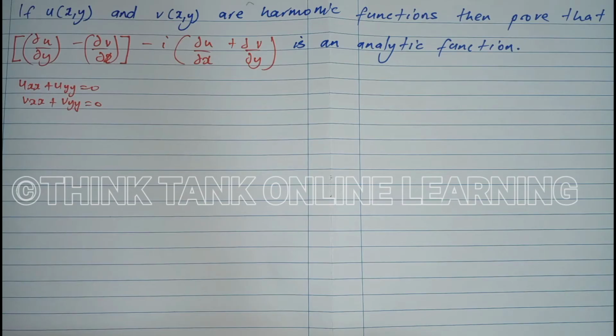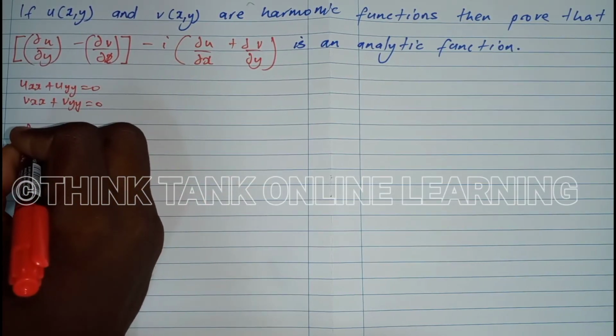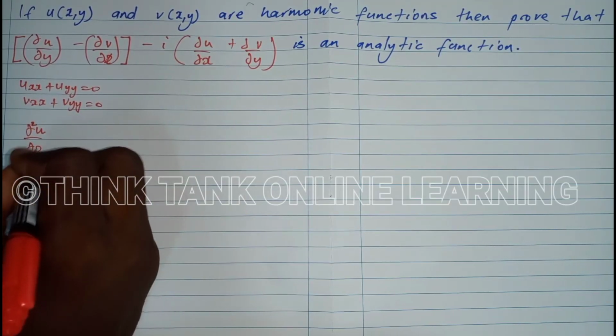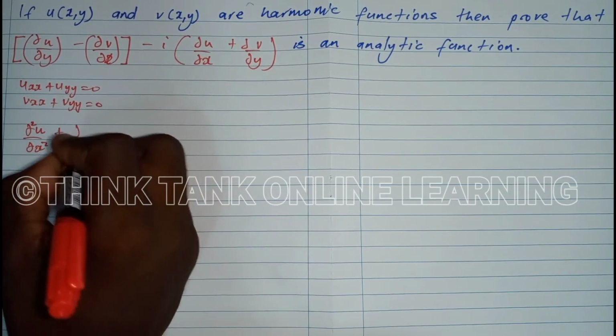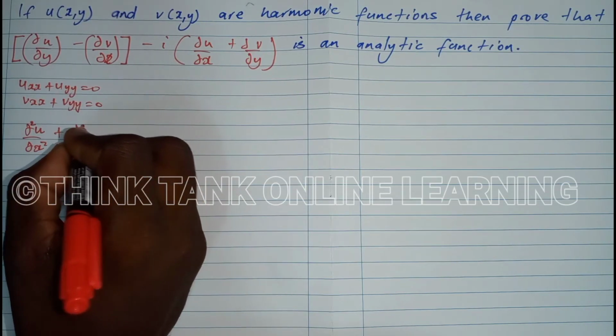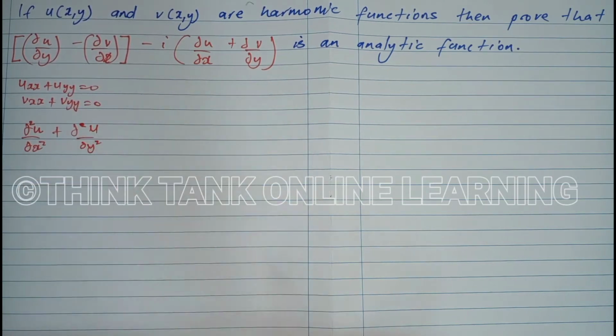What does that mean in terms of partial derivatives? This simply means partial squared u over partial x squared plus partial squared u over partial y squared, and this is going to give us 0.